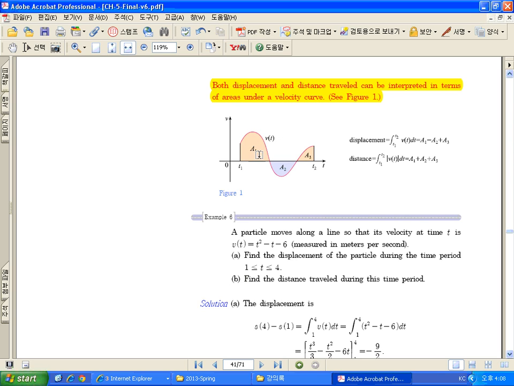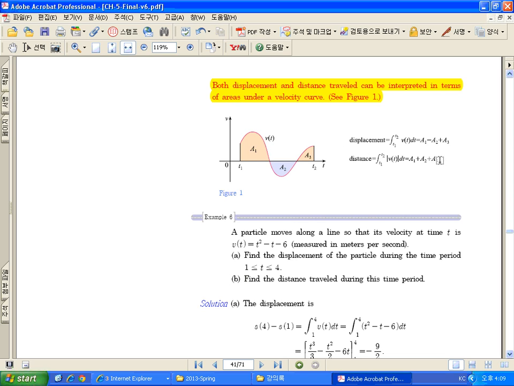That should be all of these areas, but the integral from here to here gives us only the net change. But since we are looking for all the distances or all areas, we should give a negative sign to this value to make the whole area.